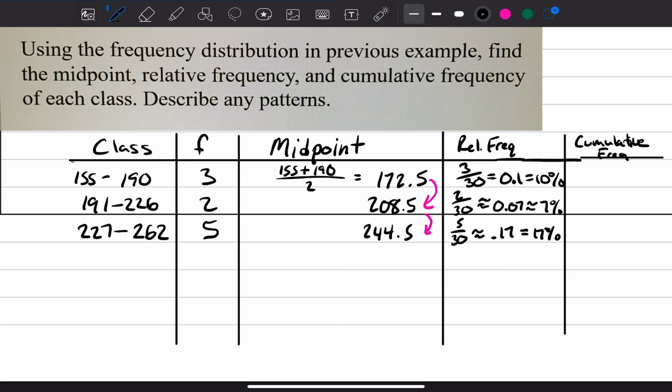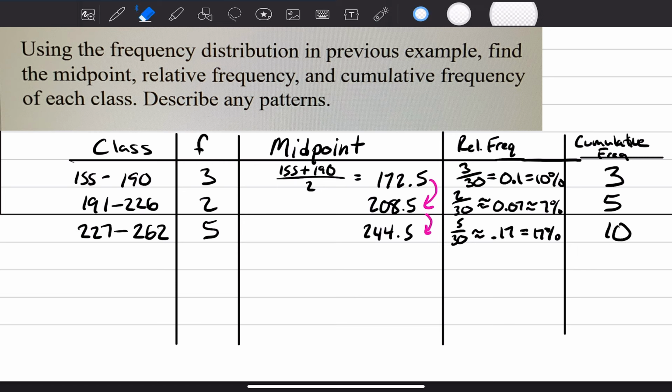So the frequency is 3. So we're going to put 3. Within the next class, there are 2. But now combined, there are 3 plus 2. So now we have 5. In the next one, now we have 3 plus 2 plus 5. So now we have 10.